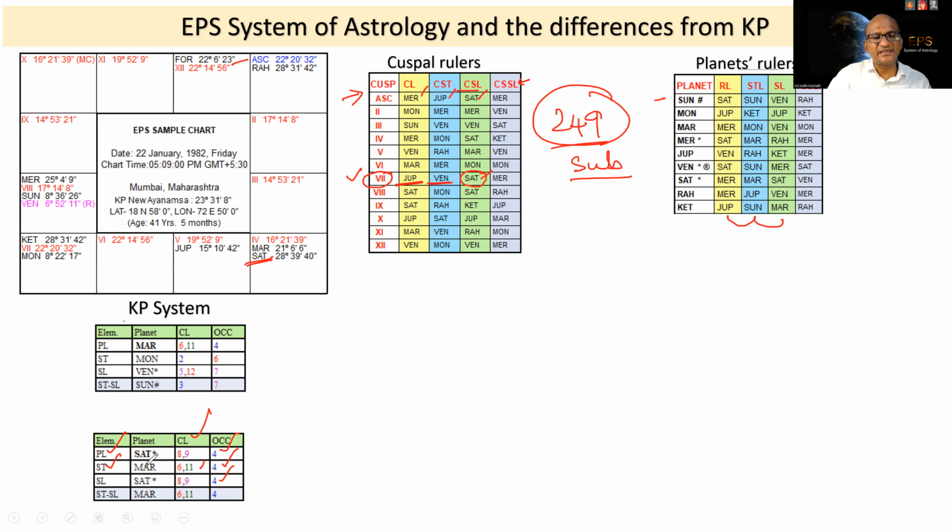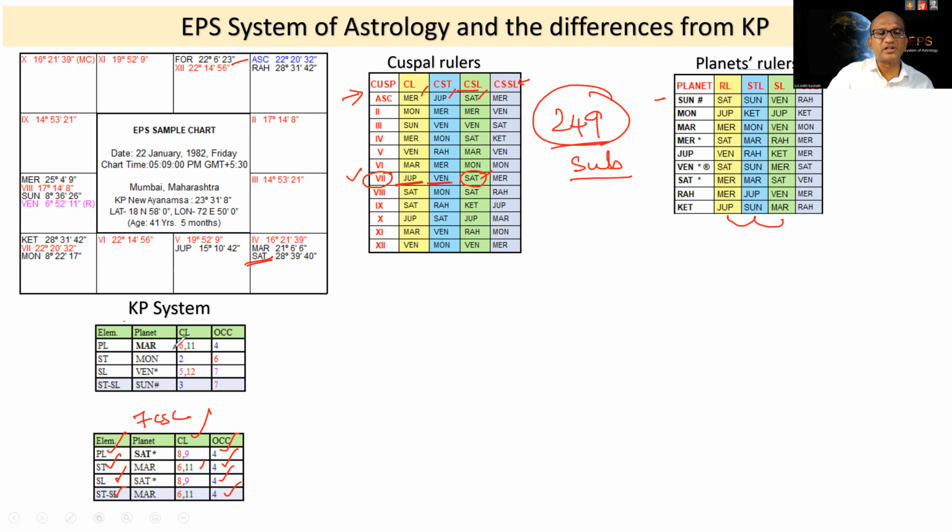Saturn is in its own subdivision, so its significations are 8, 9, 4. The star lord of the sublord is Mars, again 6, 11, and 4. These are the significations of the 7th cuspal sublord. This is how we normally take the 7th cuspal sublord significations.